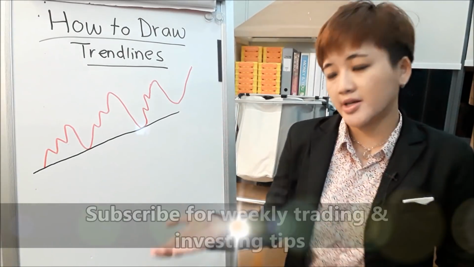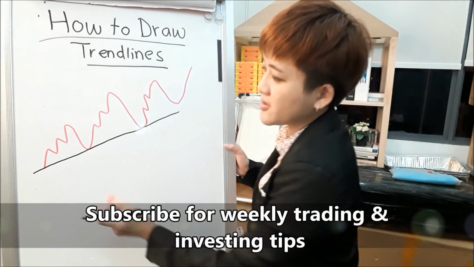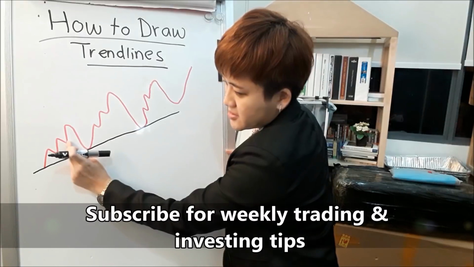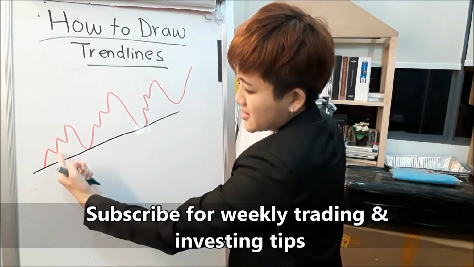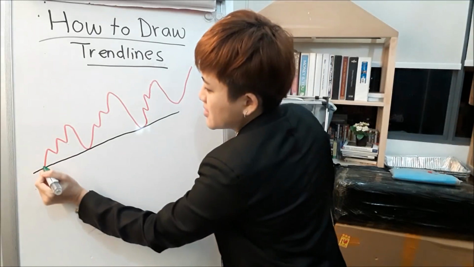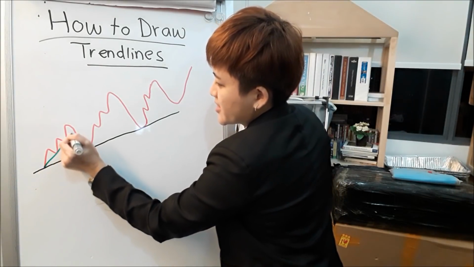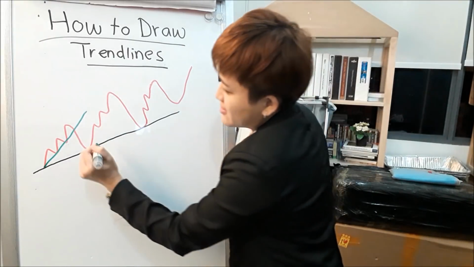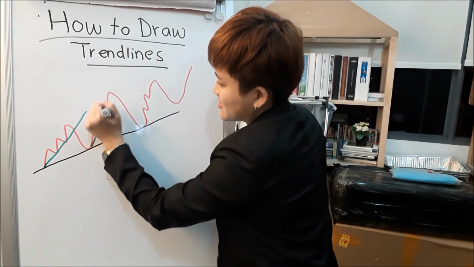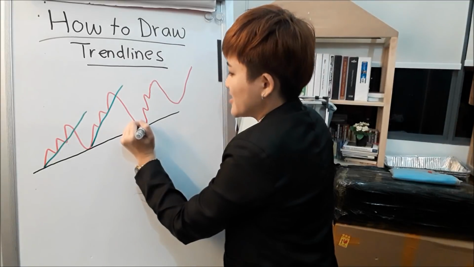Any other way you can draw that, you can also draw it based on these few points. So you can kind of see that the price came down here and then bounced off these 2 points. Like that is a potential trendline. Over here, like that is a potential trendline.